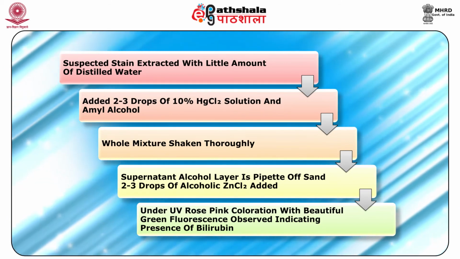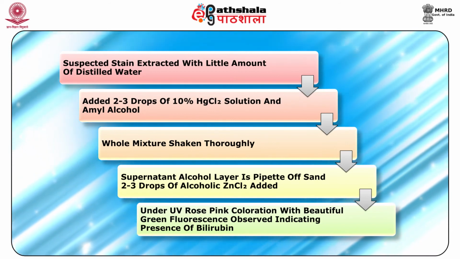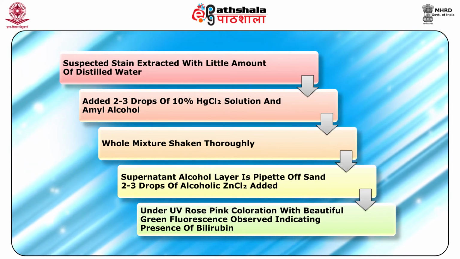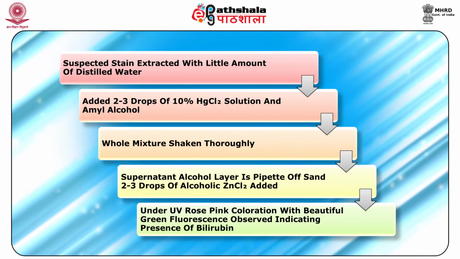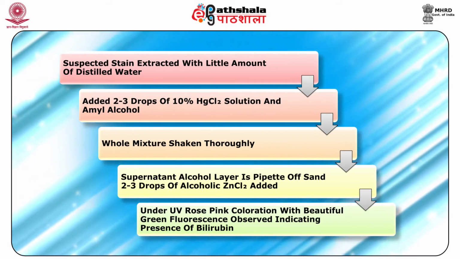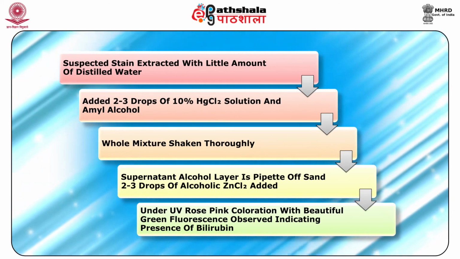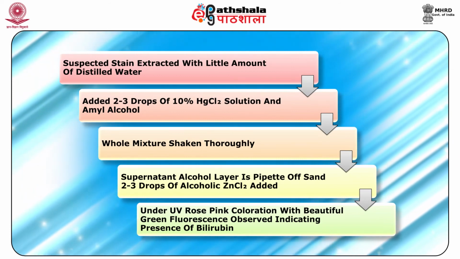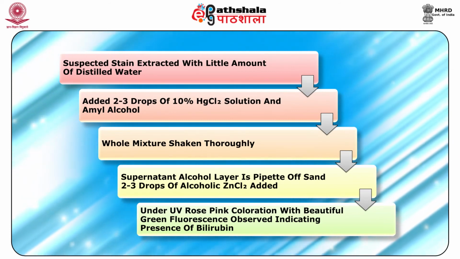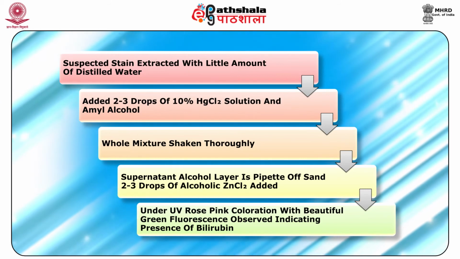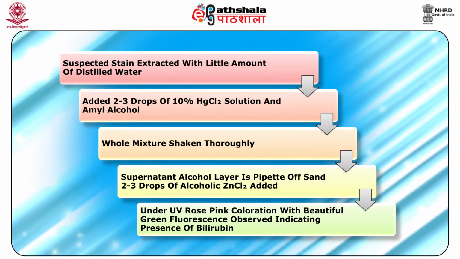Amyl alcohol is added, equal in volume to the water, to the mixture, and the whole mixture is shaken thoroughly. The supernatant alcohol layer is pipetted off into another tube, and then 2-3 drops of 10% alcoholic zinc chloride solution are added to it.